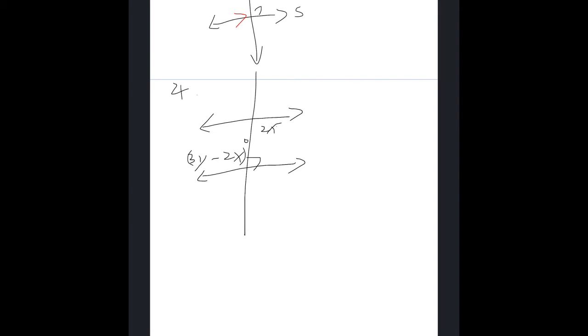How can I solve the x and y in this question? Okay, I know you're not good at this question. You can't understand. Okay, so I will teach you guys now.